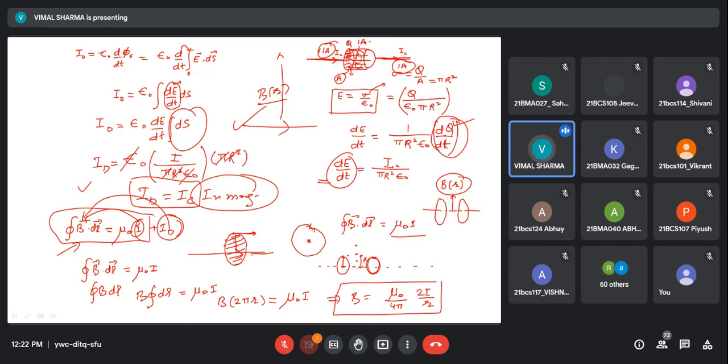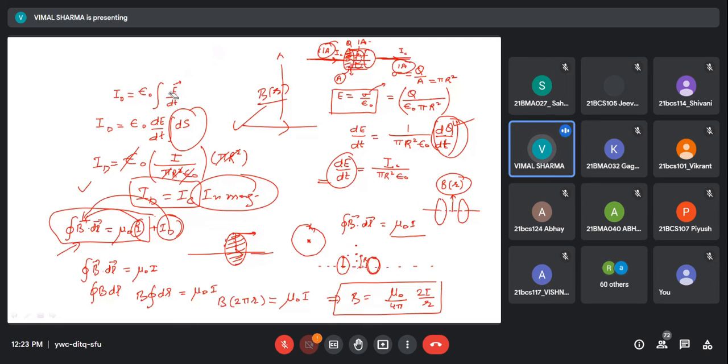Now, this is the magnetic field due to conduction current, and now we have displacement current. In the system where we have capacitor plates, I know that between the capacitor plates we have displacement current due to a time varying electric field.